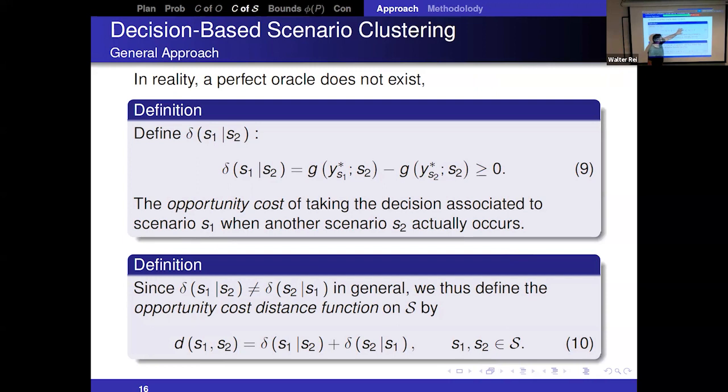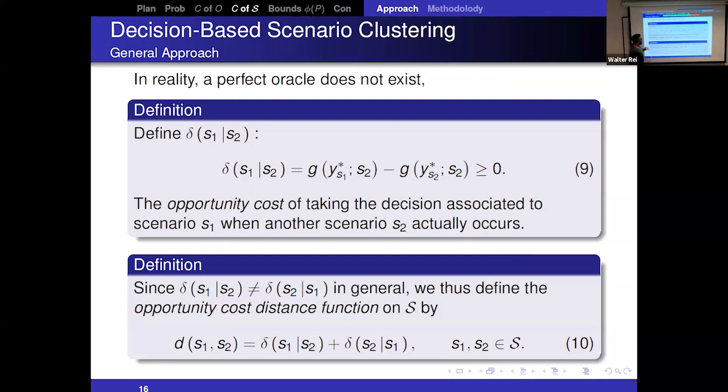What you have here is the optimal value if I had predicted scenario 2 correctly, and what I have here is the value of Y star S1, the characteristic solution of scenario 1 in the context specified by scenario 2. And if this is optimal, there is necessarily a gap here.